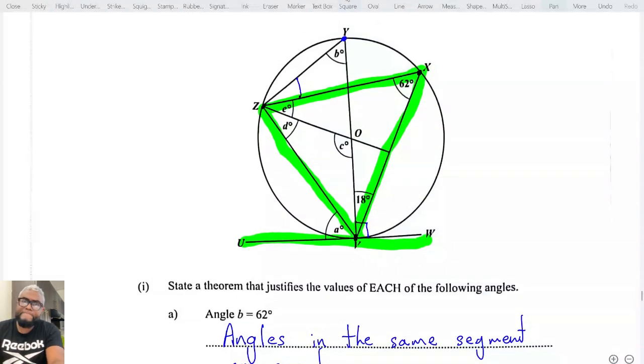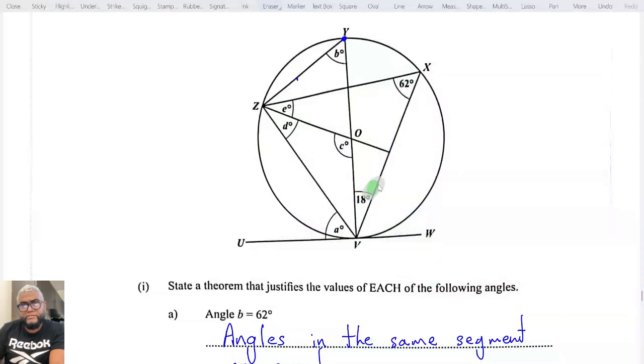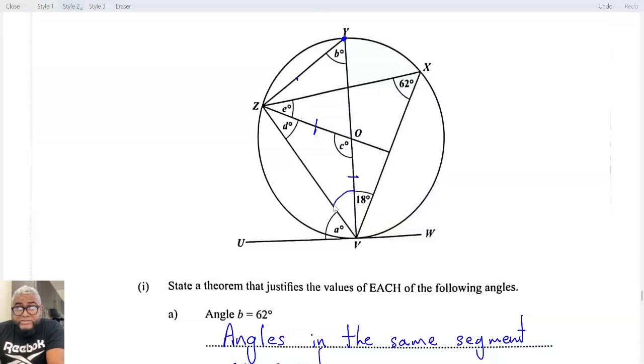Any ideas for D? Yeah, exactly, very good. You all see this is an isosceles triangle. These two lines are equal. So base angles, which is this angle and that angle, base angles of an isosceles triangle are equal. So we know C is 124. We're privy to that information, right, Tristan?